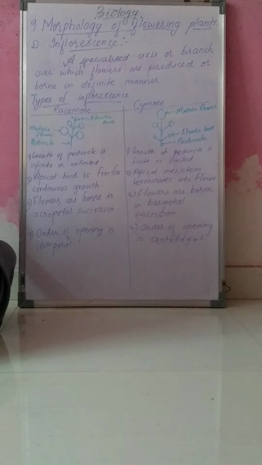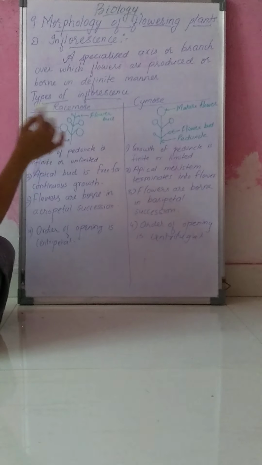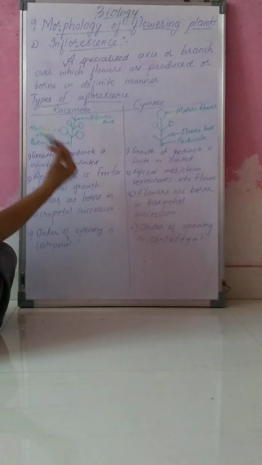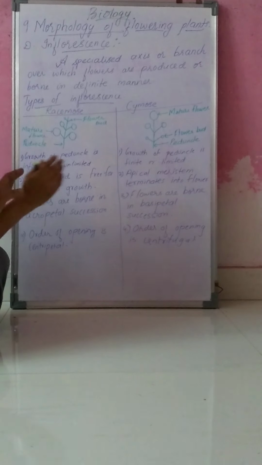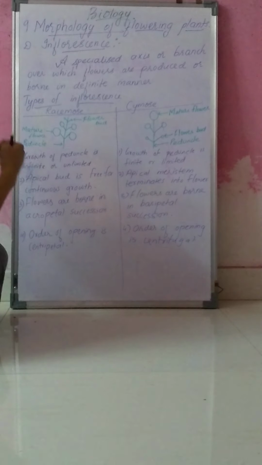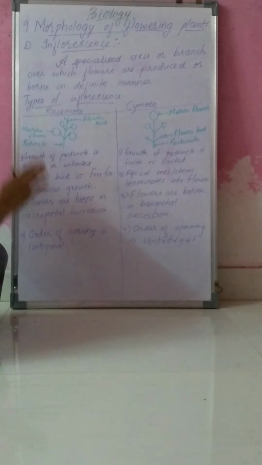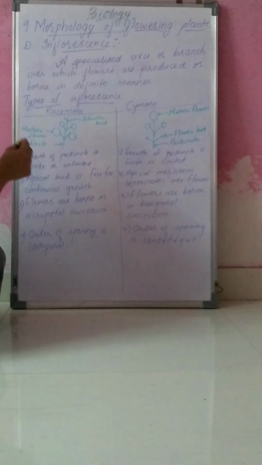Now, what is the benefit of this type of inflorescence, as many flowers are produced together? Here a number of flowers can be pollinated in a single visit, as the insect comes to the plant.